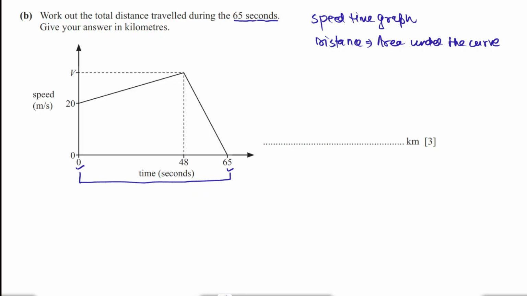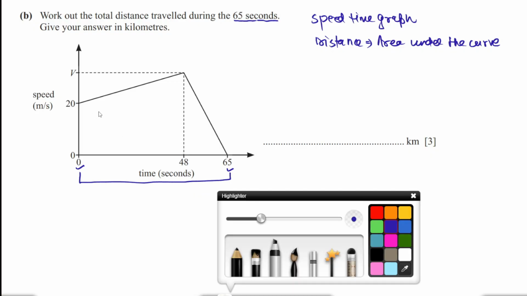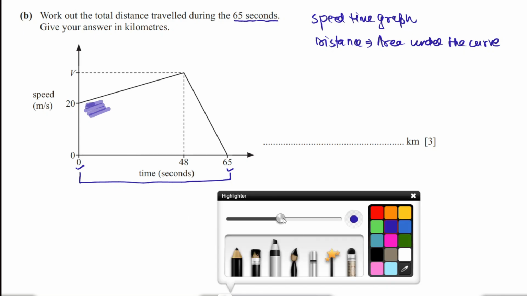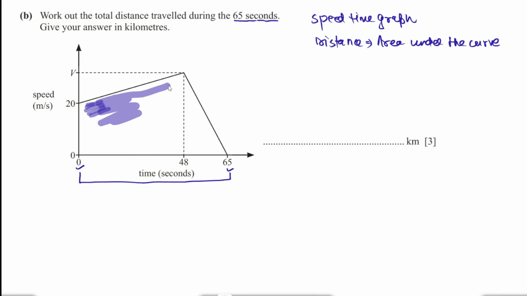So what we have here, that is the point of discussion. We have this shape. So what is this shape? This shape is considered a trapezium. This is called a trapezium, or a trapezoid as well, whatever you say.